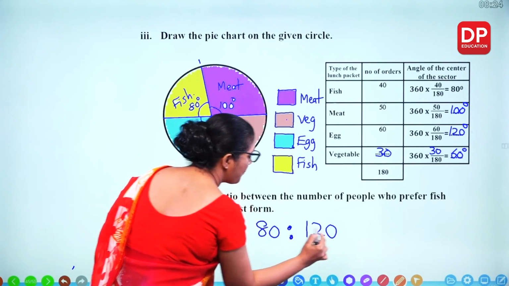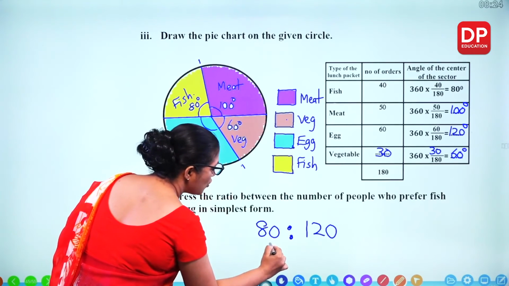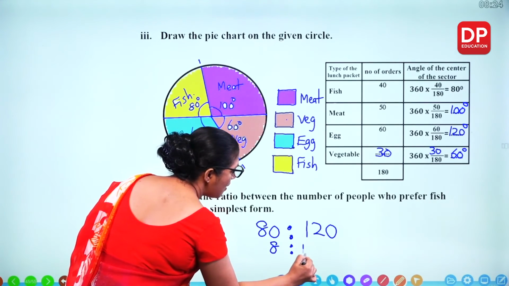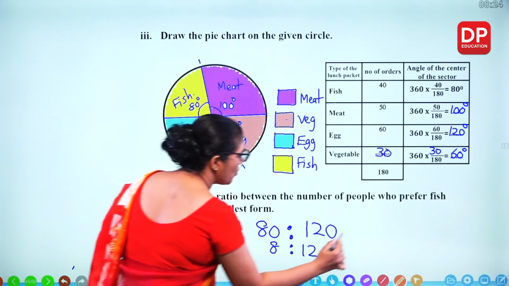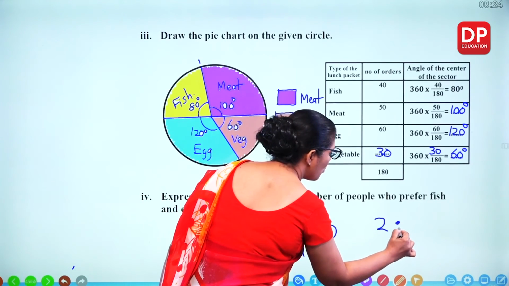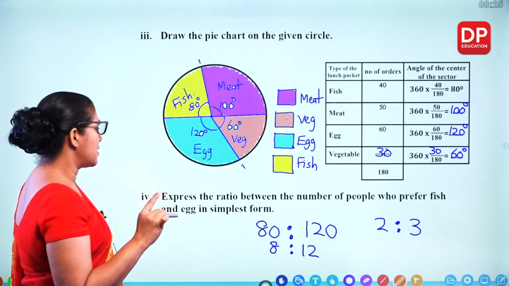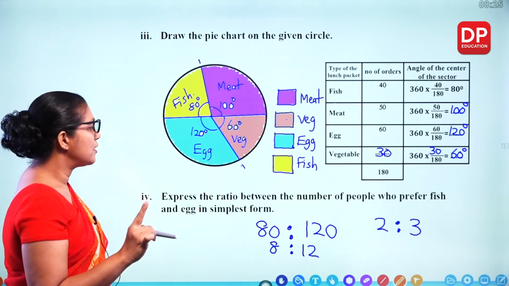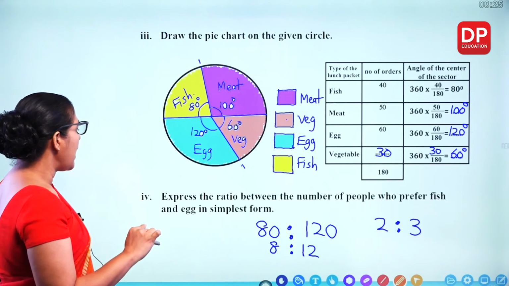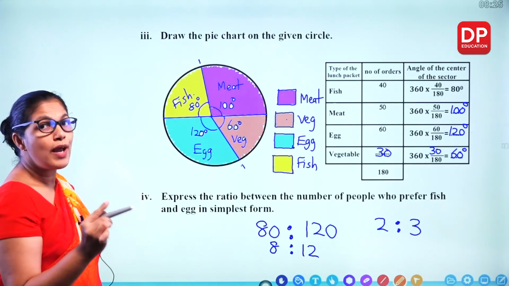So simplify. Divide by 10, that's 8 to 12. Divide by 4, you get 2 to 3. So that's the simplest form. 2 to 3 ratio for fish to egg.